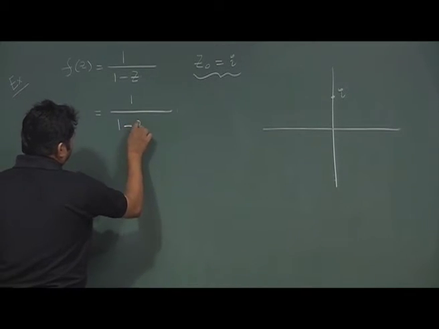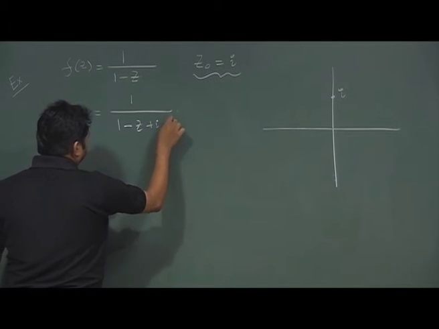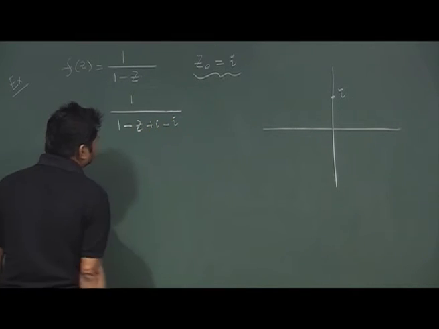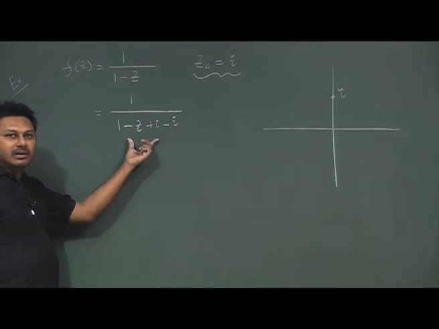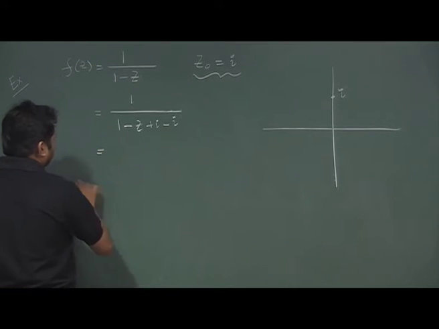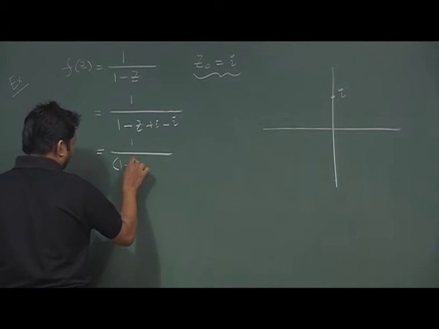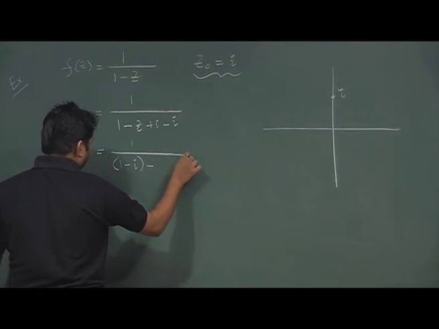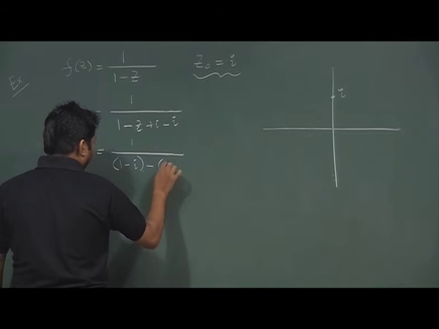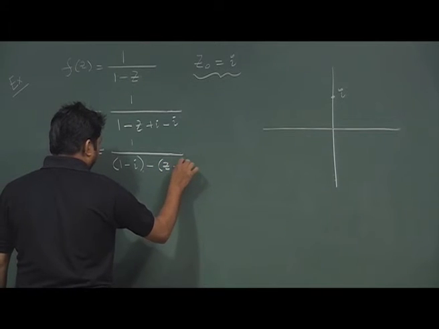1 minus z. I will add this i and subtract this i, and then I write 1 minus i minus (z minus i).